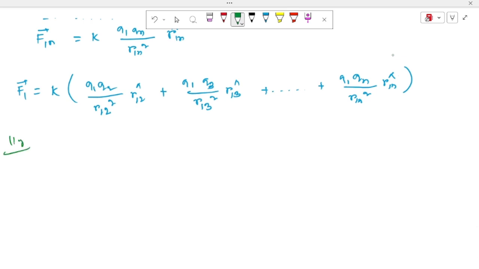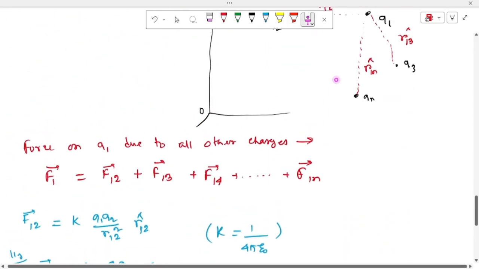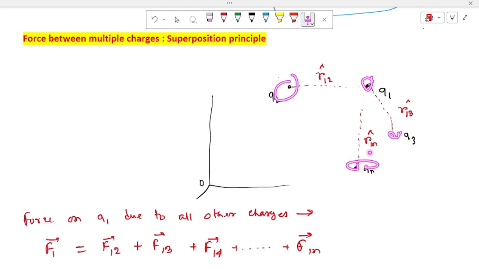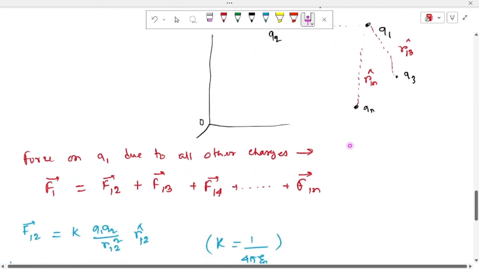Similarly, we can write the expression of force F2 vector, that means the force acting on the charge Q2 due to all other charges Q1, Q3, Qn, and so forth. So what is the expression of force acting on Q2?